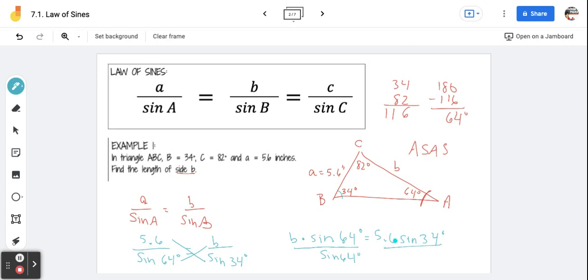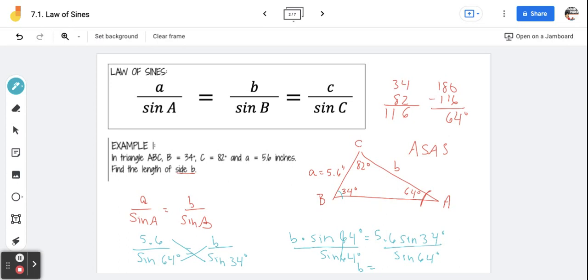All right, so I go to my calculator now and type this in, and that's going to be B. So let me click over to my Desmos calculator I have on here. I need to switch it over to degree mode because my angles are in degrees.